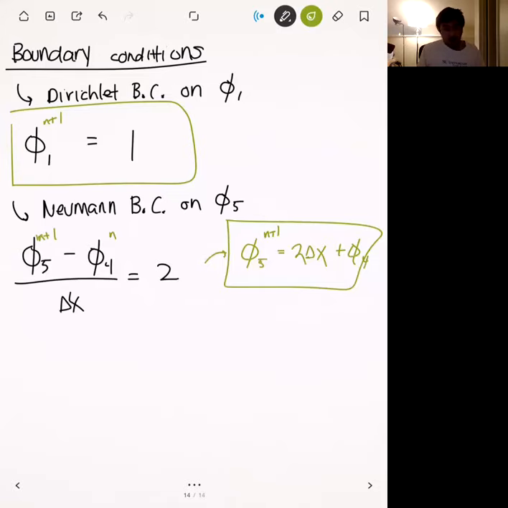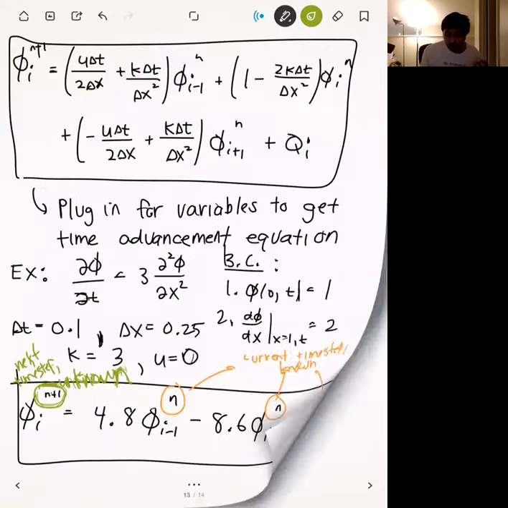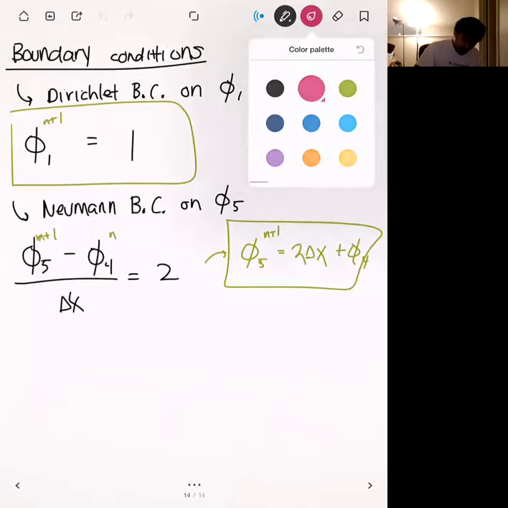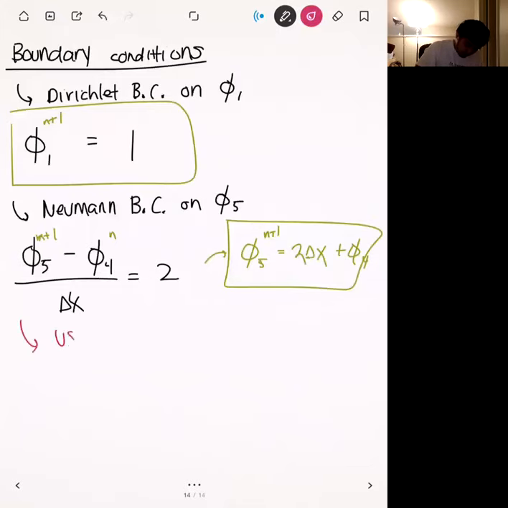Now that we have the time evolution equations for nodes 1 and 5, for all of the interior nodes we can just use the same equation that we have on the previous page. I should say maybe not time evolution, but the explicit Euler equation.